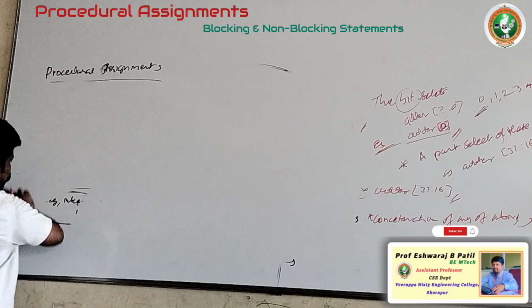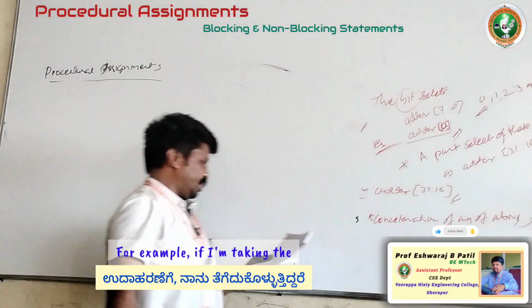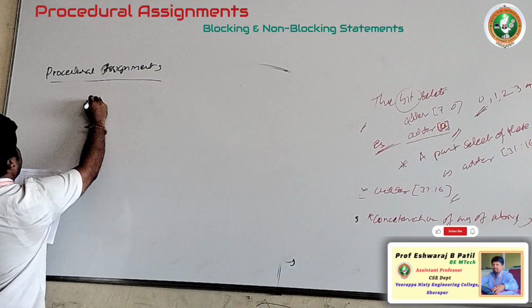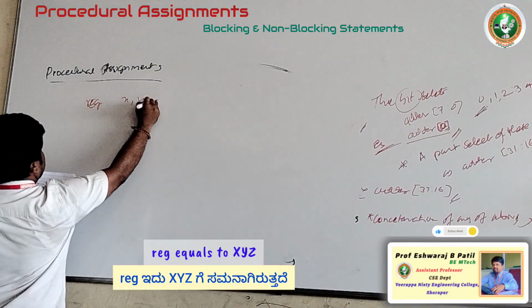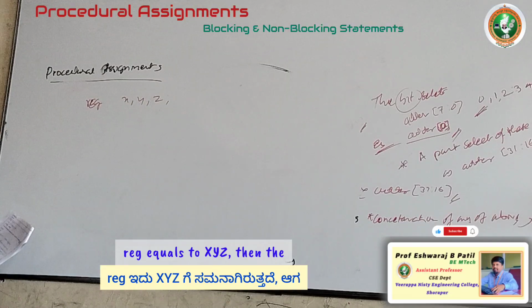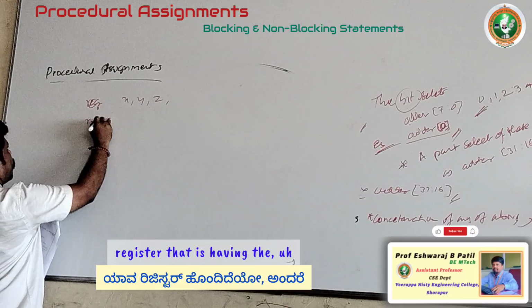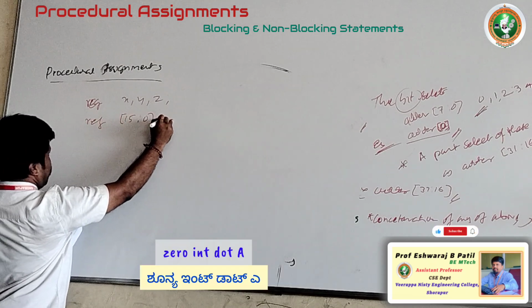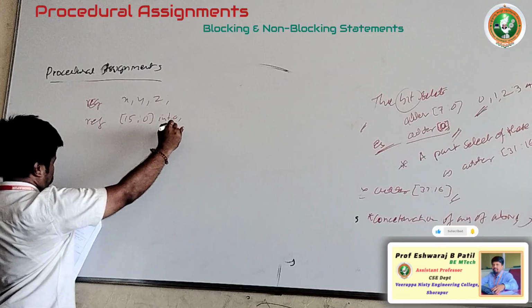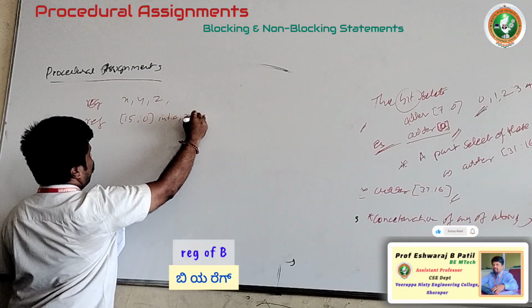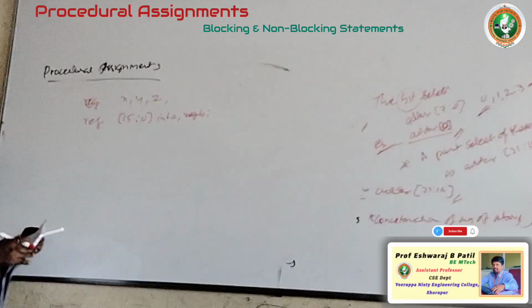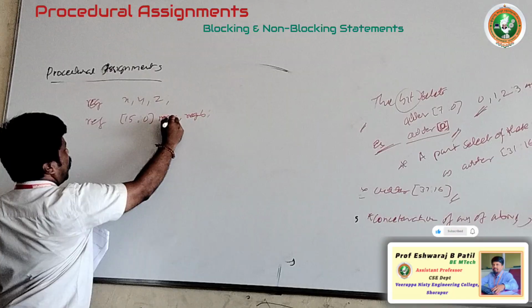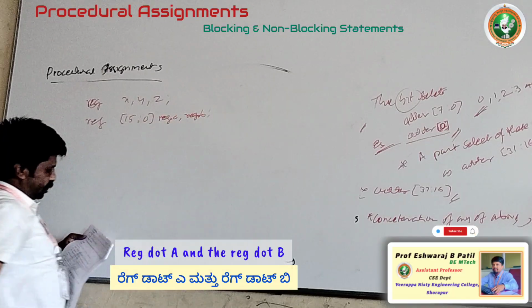For example, if I am taking reg equals x, y, z, then the register having 15 raised to 0, int dot a and the reg dot b.